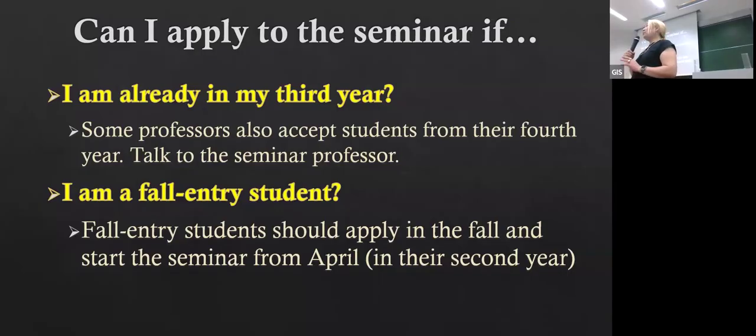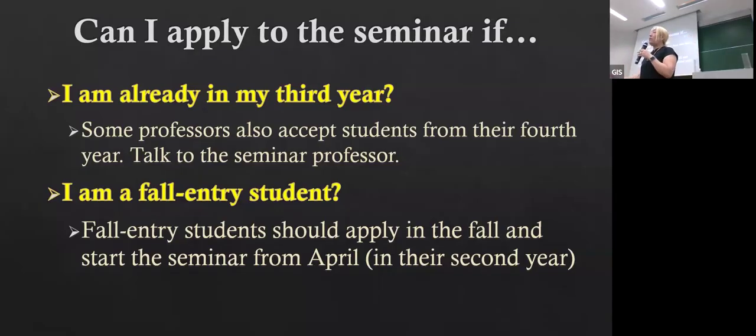Full entry students who started in September are working on a very different schedule. If you're currently a full entry student, then you will be only in your second year next April. But we are accepting you already in your second term of your second year.